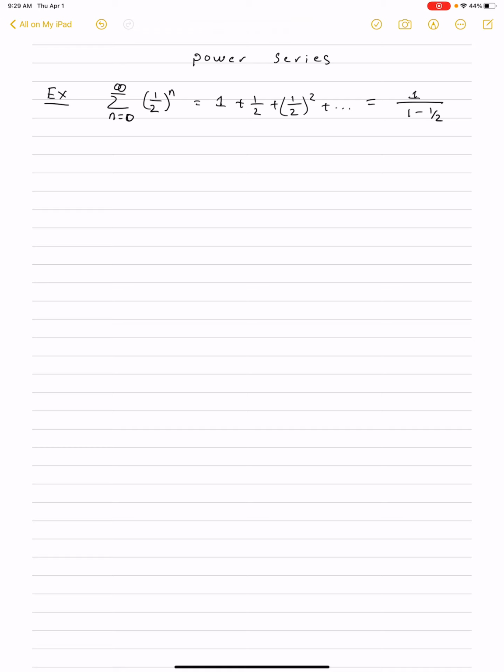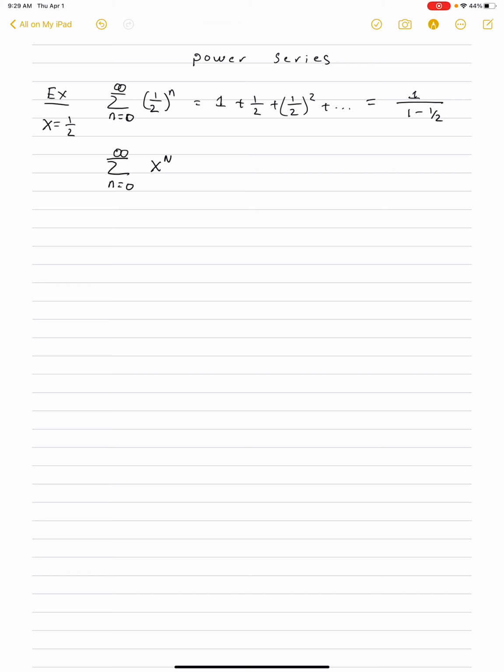But power series is more general. Power series is when instead of having a 1/2 in your series, what if I had x? And so the example above here is a specific example where x is equal to 1/2.